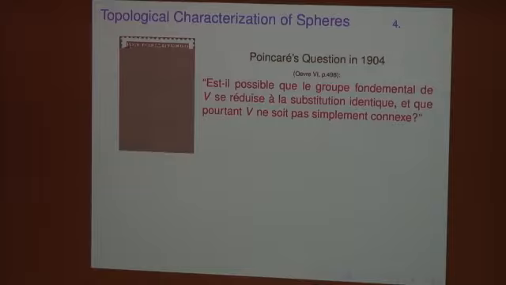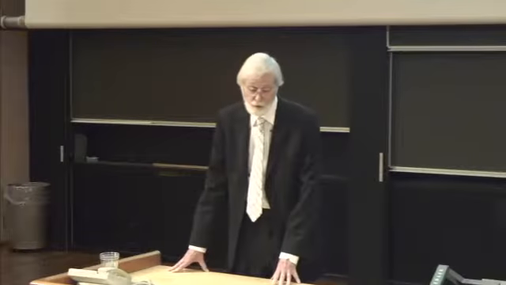So this is a question which Poincaré asked in 1904. Est-il possible que le groupe fondamental devait survivre de substitution identique et que pourtant ils ne soient pas simplement connexes? Now, this is, aside from the fact that it's in French, its mathematical terminology has changed in 100 years.